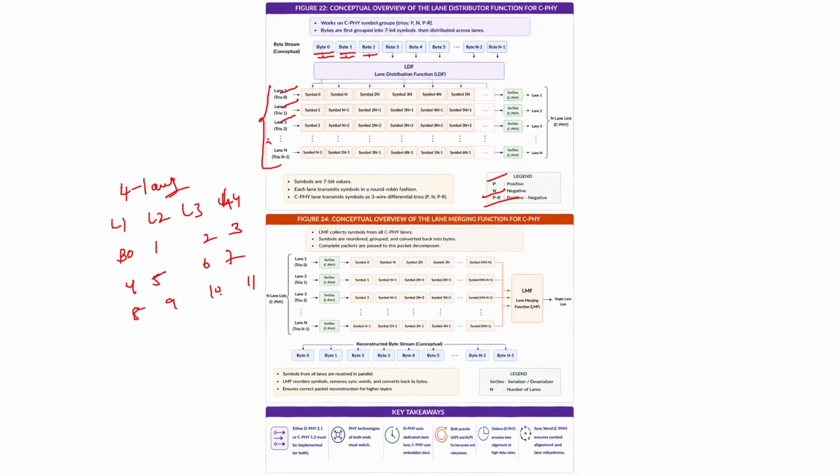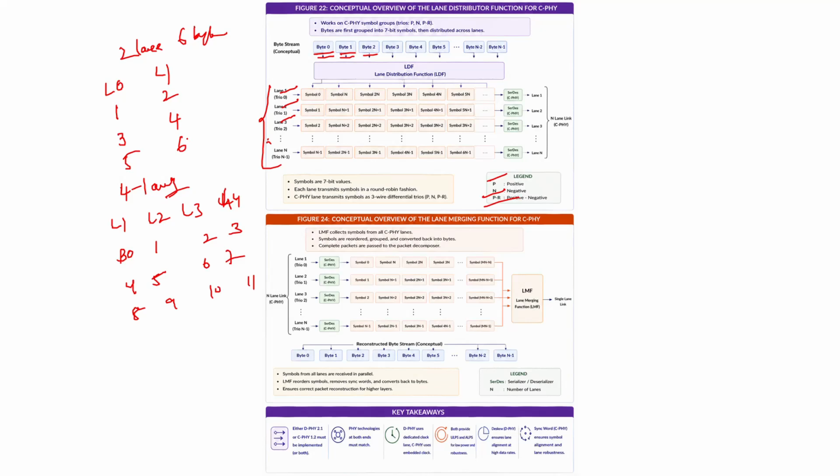Suppose you are using 2 lanes and you want to transmit 6 bytes of data. That means lane 0 and lane 1: in lane 0 byte 1 is transmitted, in lane 1 byte 2 is transmitted, and then byte 3, byte 4, byte 5, byte 6.